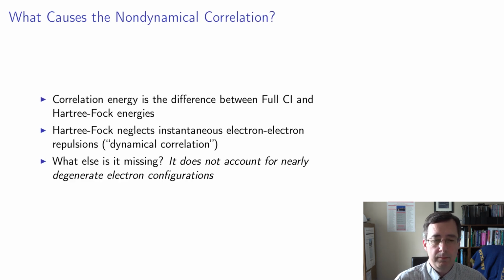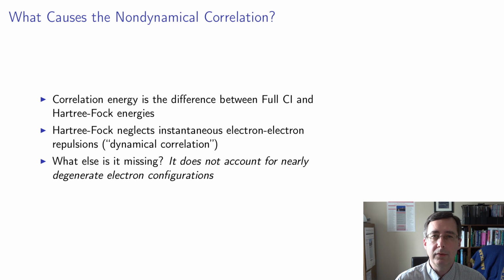Okay, so just to recap, the correlation energy is the difference between full CI and Hartree-Fock, and we saw that got bigger in magnitude for the stretched geometries, which was a surprise. So there has to be something besides this dynamical correlation effect that we're missing in Hartree-Fock. What else are we missing?